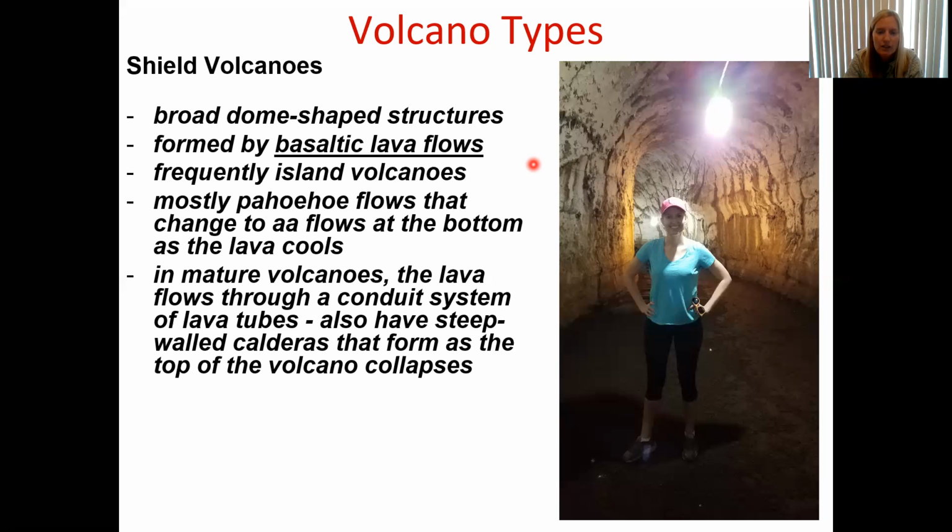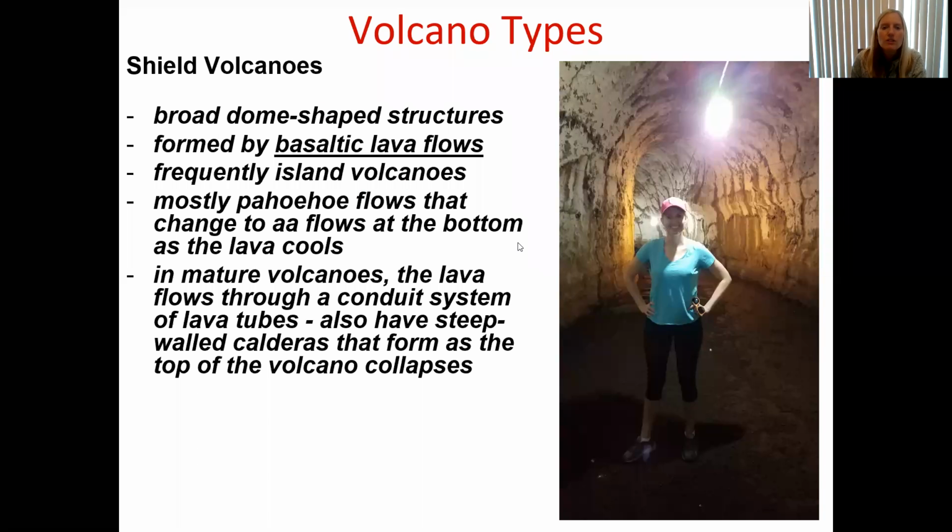That was on the Galapagos Islands. We didn't get to spend very much time there, but I did want to take a quick picture because I know that when we are trying to envision lava tubes, it may not necessarily click unless we have a picture. So there's a picture of me in a lava tube.